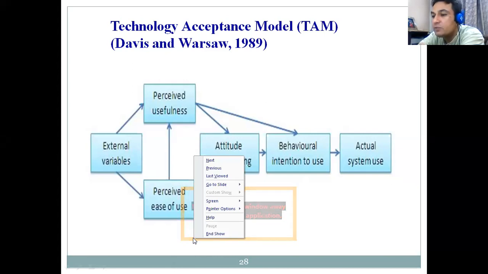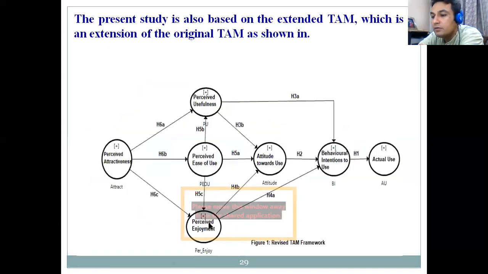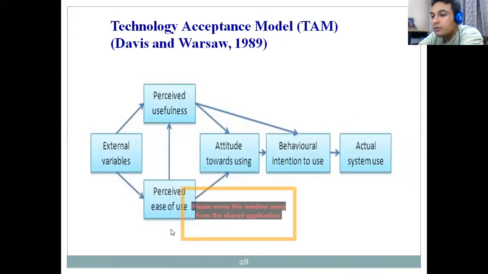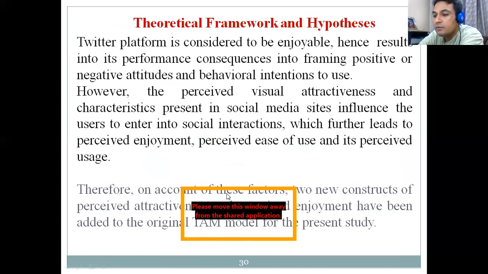Sir, in the box it is written, please move this window away from the shared application. It is appearing on the screen. Yeah, there is one box here, but I don't know why it's not being removed. Okay, fine, sir. Thank you very much.